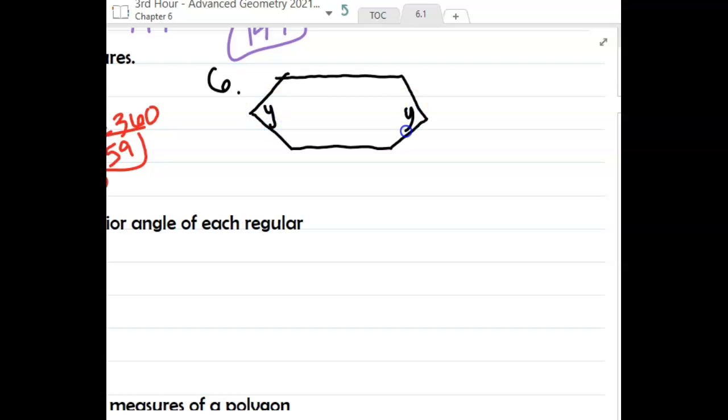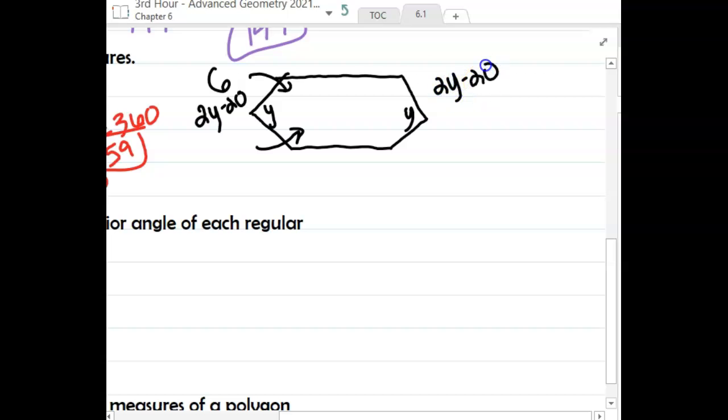They're both going to be y. These 2 angles here are going to be the same. They're going to be 2y minus 20. And then those other 2 angles are also going to be 2y minus 20.